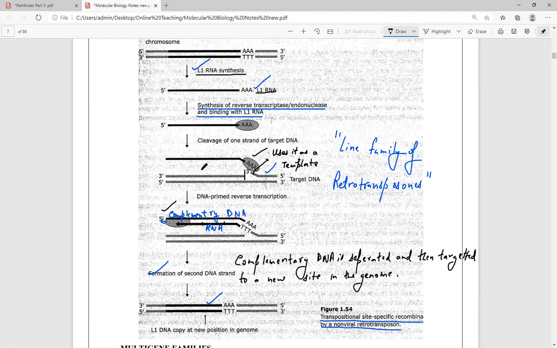Any doubt anyone has, you can ask me. You can use the chat box, and then you can ask me. Any doubt?